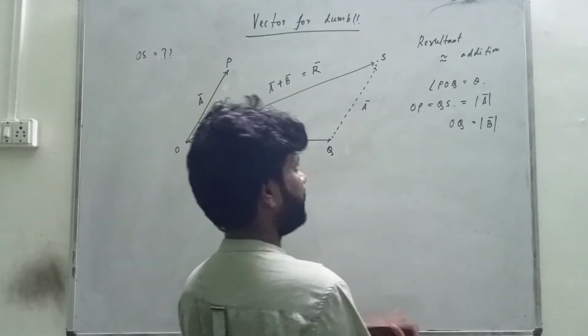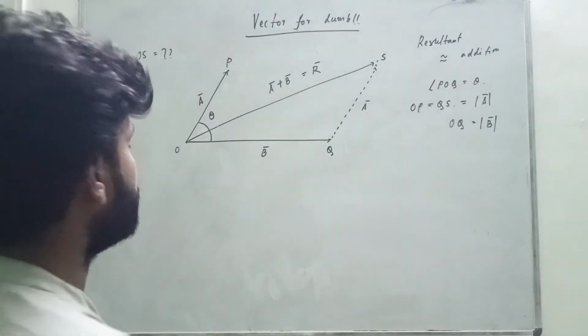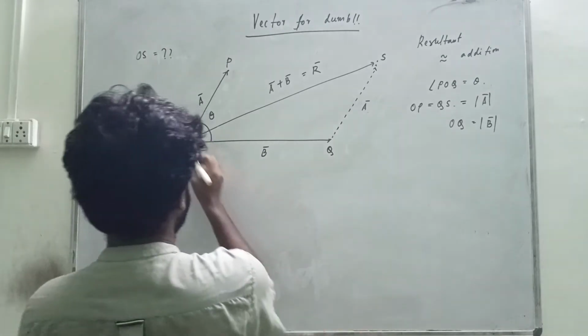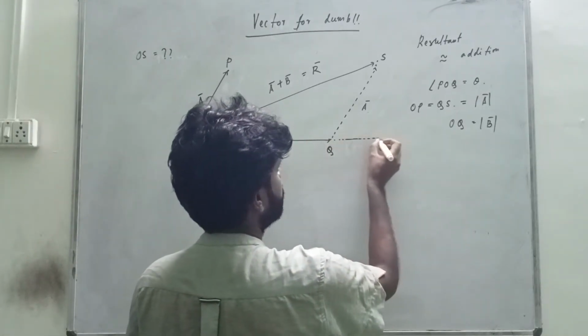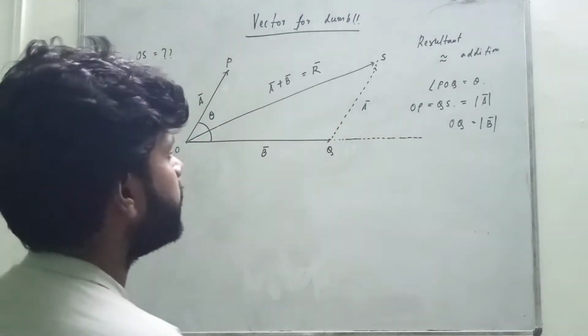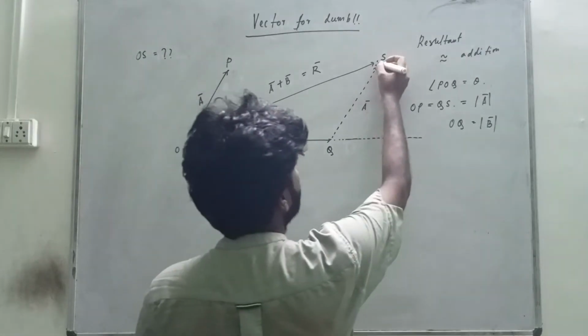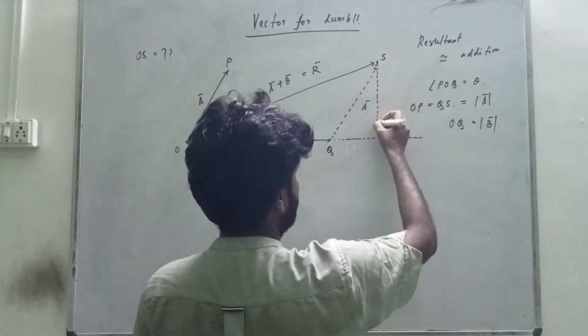Very simple. Now to calculate the length of OS, just extend the straight line OQ. Just extend this thing, and please drop a perpendicular from here on that straight line.